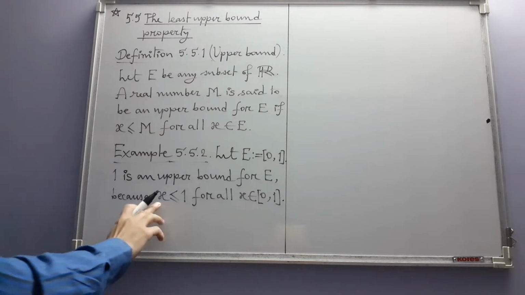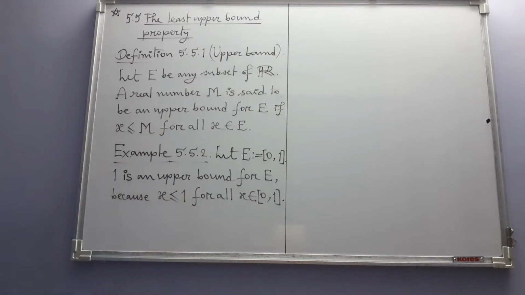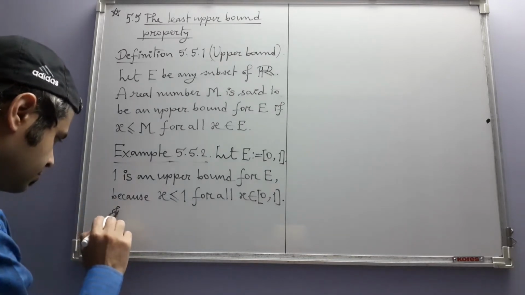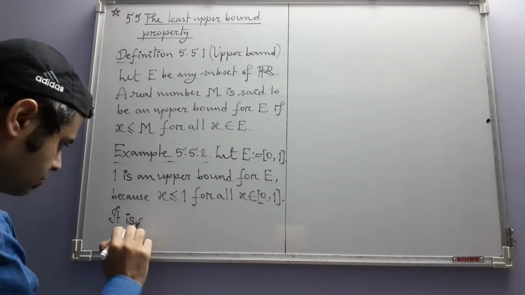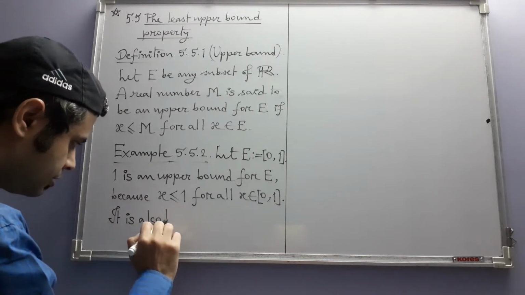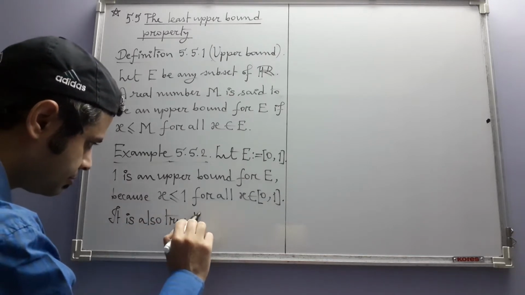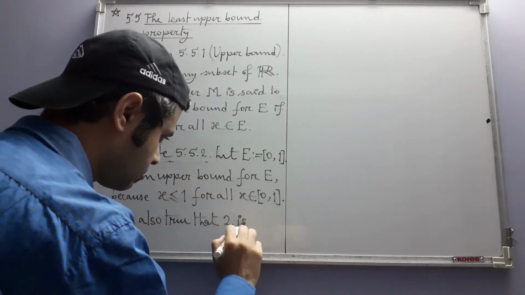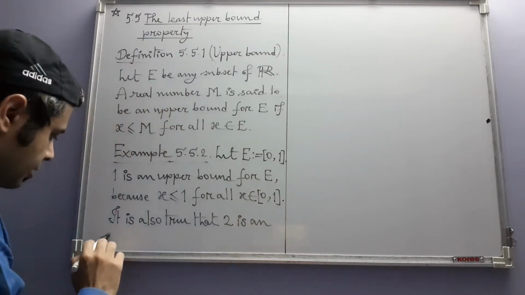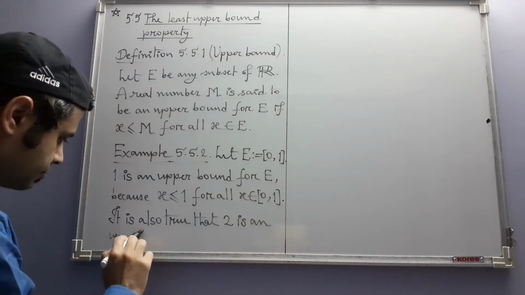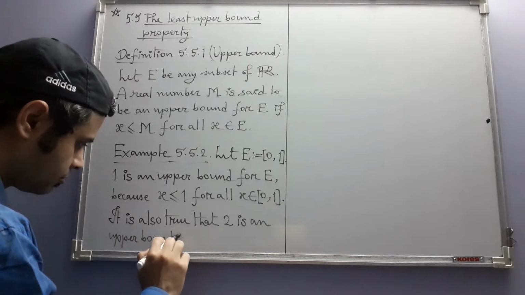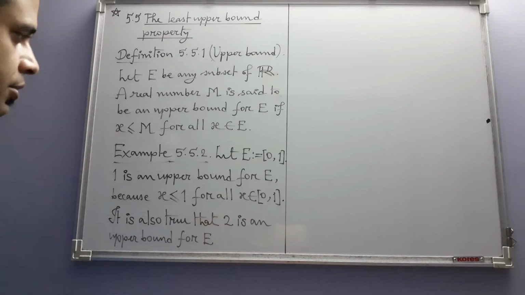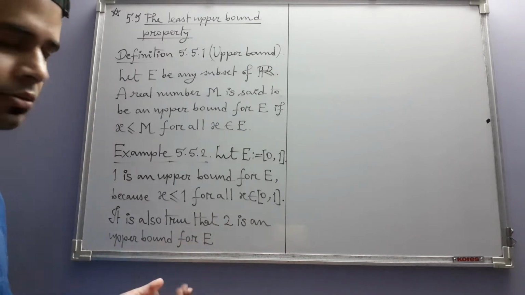We only care about this inequality. It is also true that 2 is an upper bound for E because all the elements of E are also less than or equal to 2.